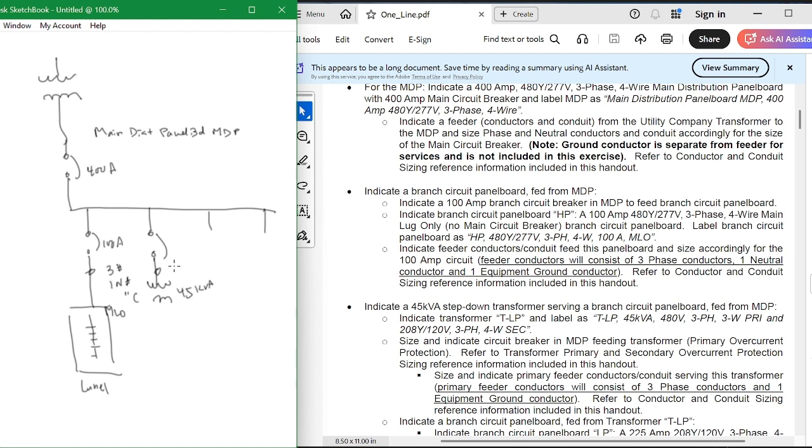Well, you have to size it, I think. Let me see. 45 divided by 1.732 times 480 is equal to, okay.